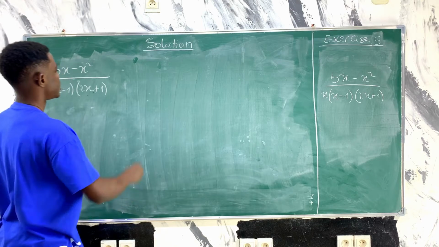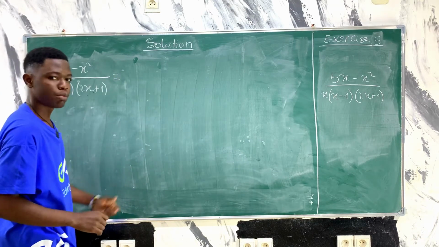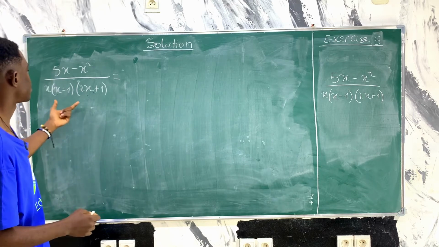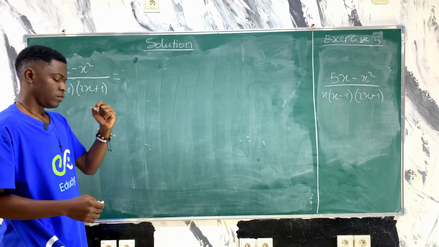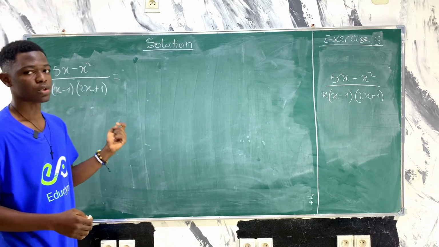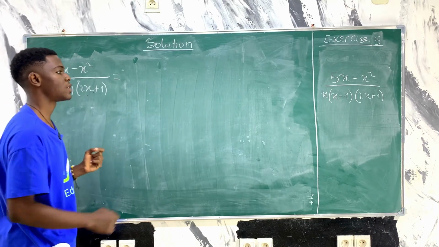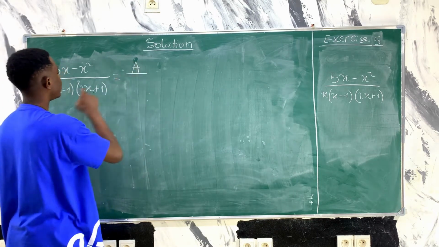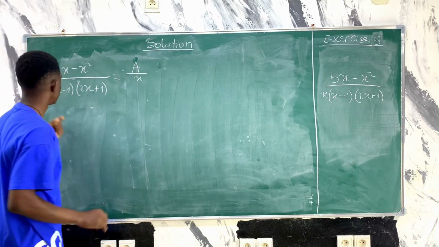When this is factorized, we can go to the next step, which is putting the equation in partial fraction form. Since we have a fraction with linear factors at the denominator, that was the first type. The first factor is just x.